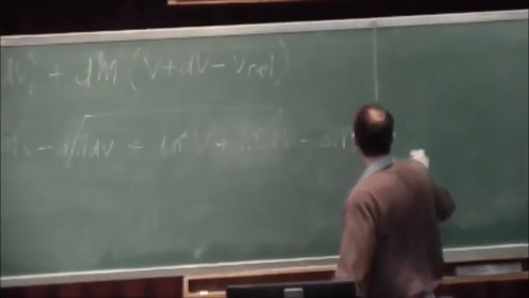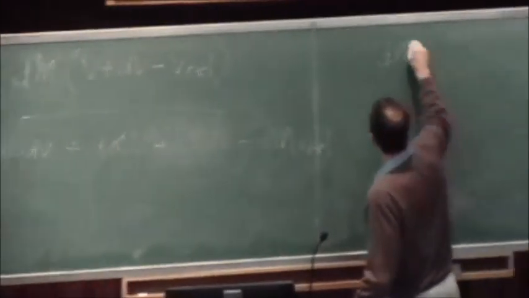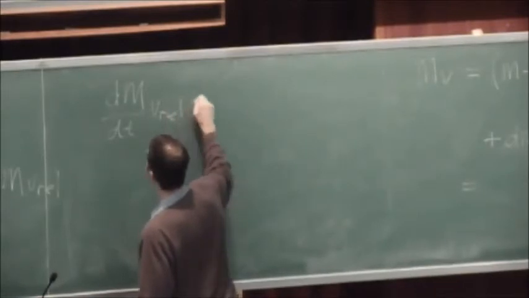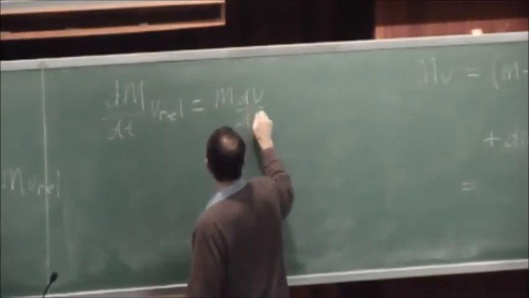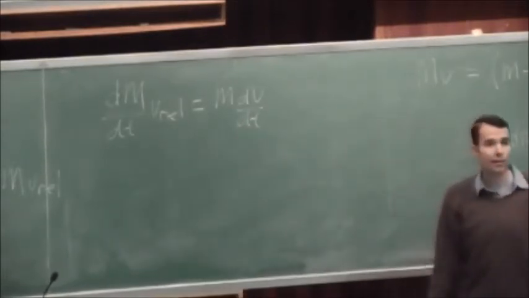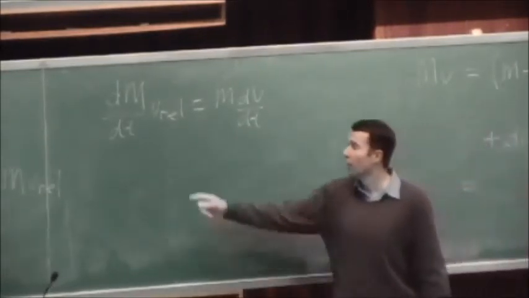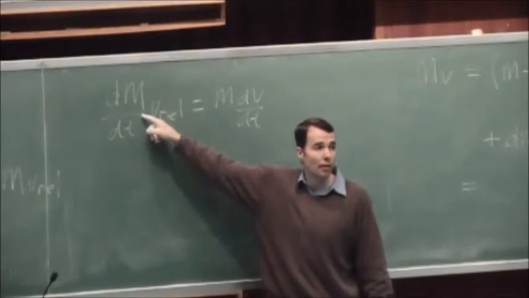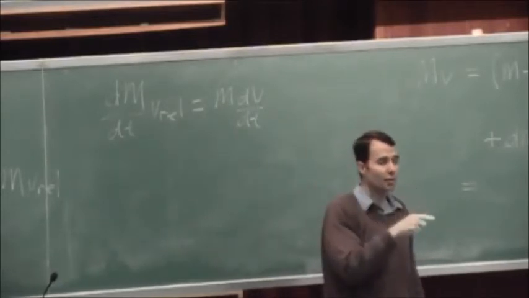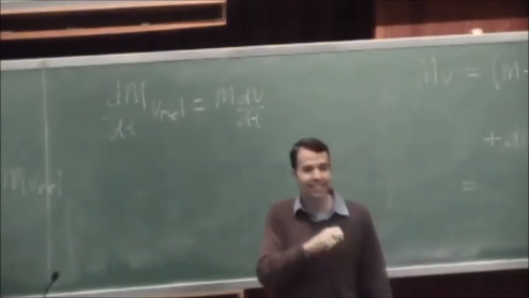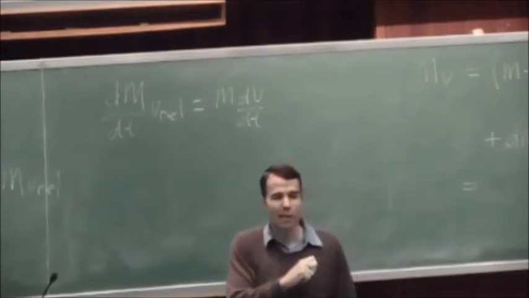But what is this? If I divide by dt on both sides, what is this? What is dm dt?